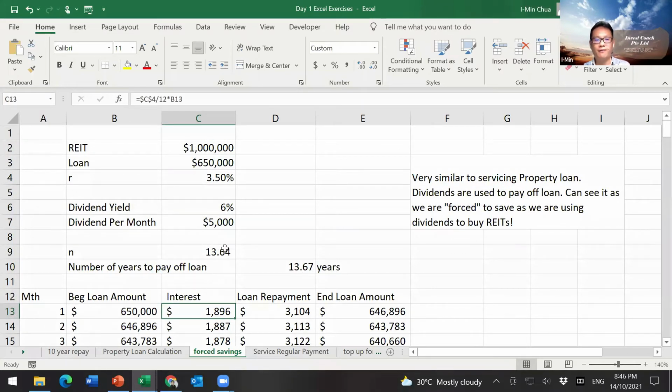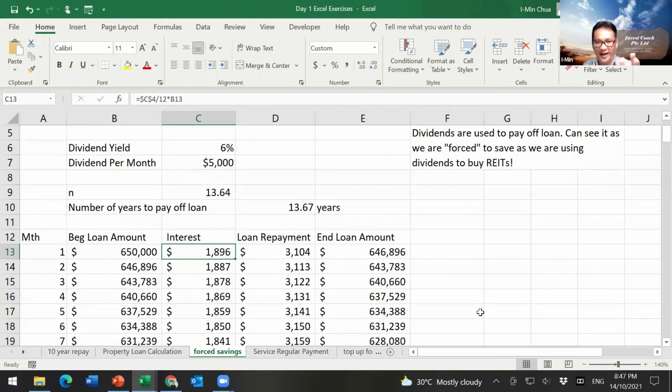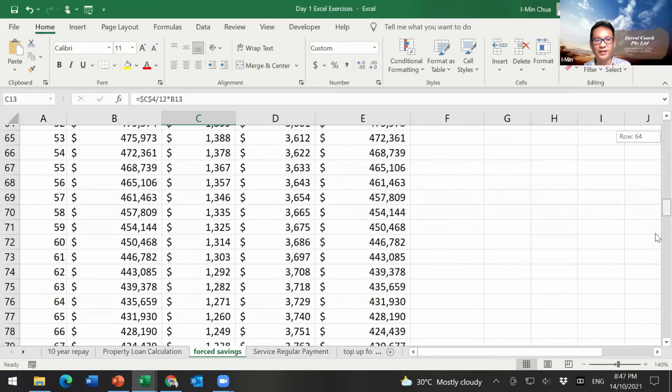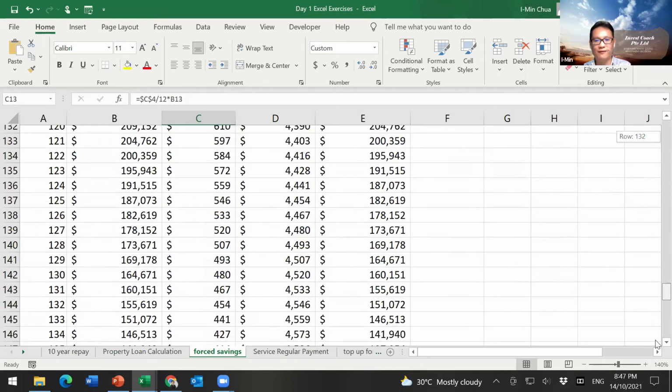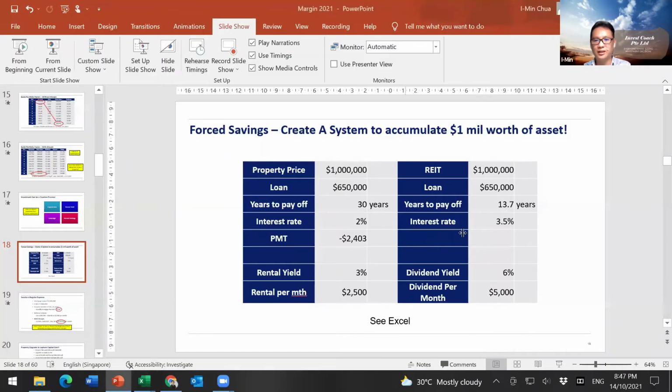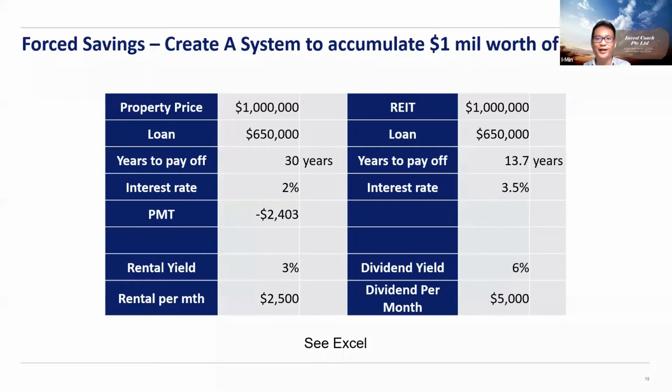Every month I get $5,000 worth of dividends, on average. So 5,000 minus this, then the 3,000 I use to pay off my loan. You don't get to withdraw this dividend. Everything is automated for you. And the good thing here is, instead of 30 years, after 164 months, which is about 13.7 years, that $1 million is cleared off the loan already.